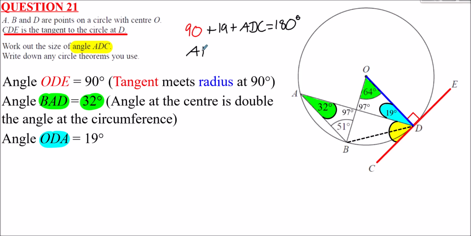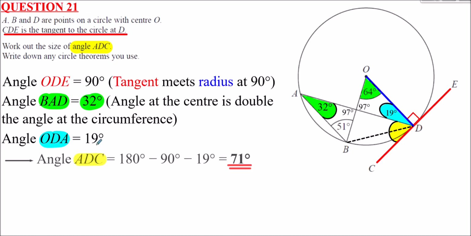So from here we can work out what ADC is by doing 180 minus 90 minus 19. So ADC, 180 minus 90 minus 19, that gives us that ADC is 71 degrees. That's our answer, and therefore the question's done.